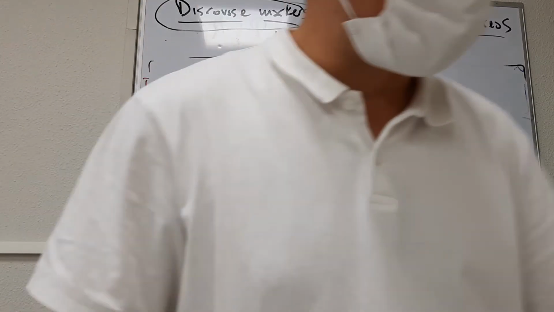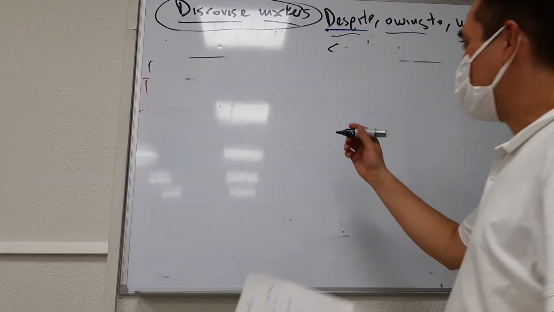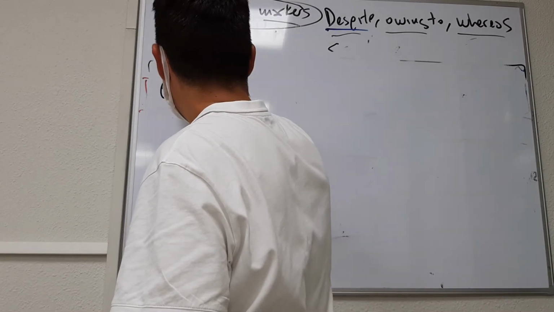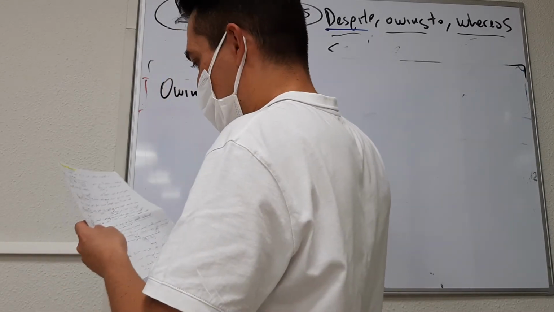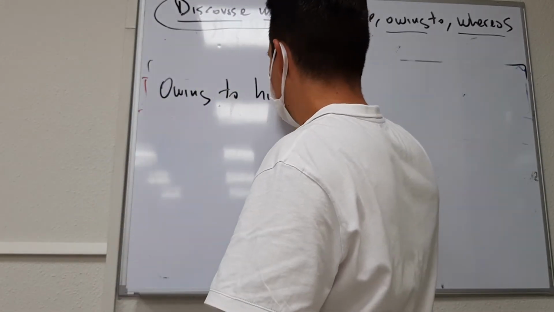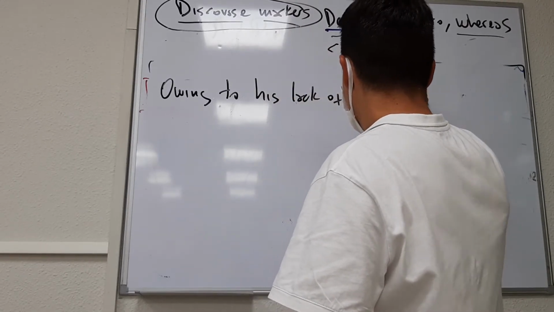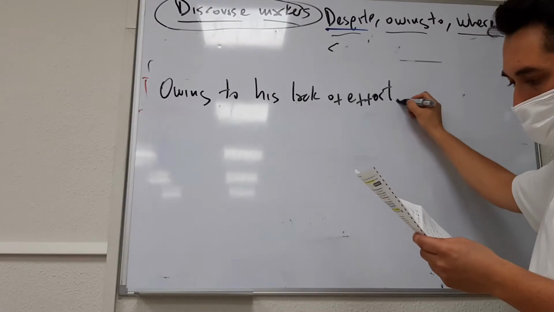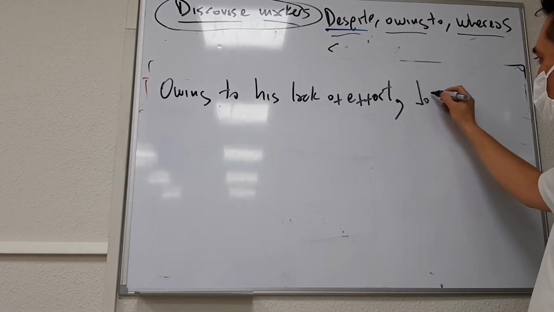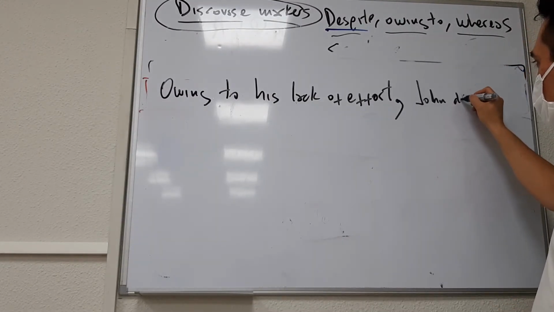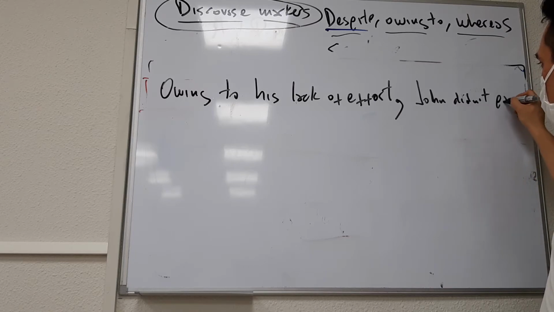Let's continue with owing to. Owing to his lack of effort, comma, John didn't pass.